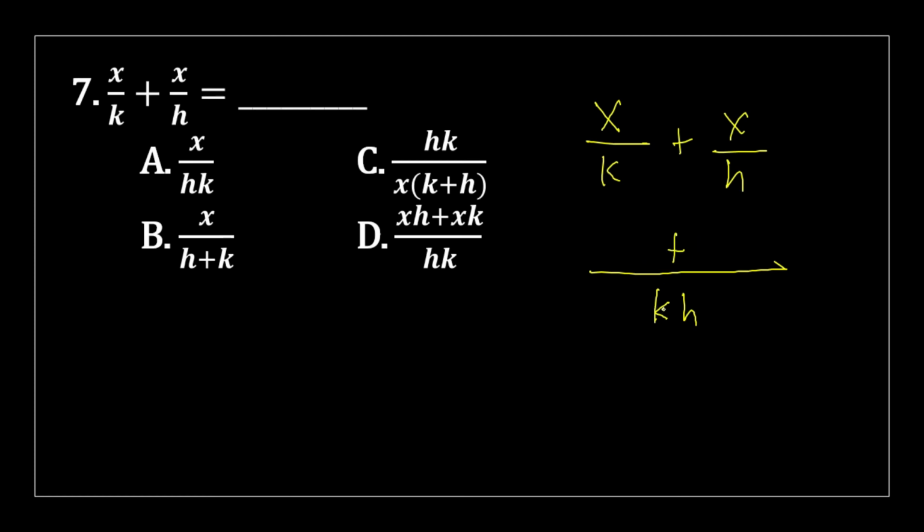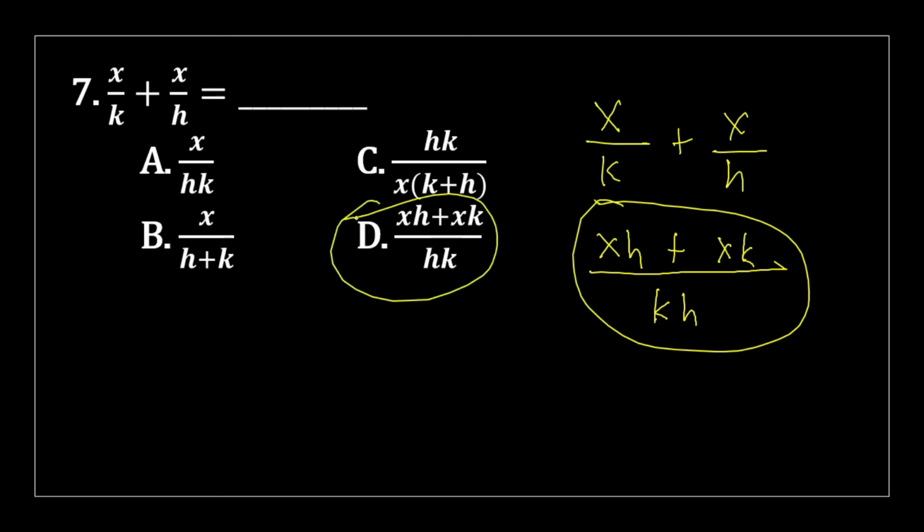Now kh divided by k is h, multiplied by x, we have xh. Again, hk divided by h is k, multiplied by x, we have xk. So this will be our sum. In that case, we're going to have letter D as our answer, because this one is interchangeable.